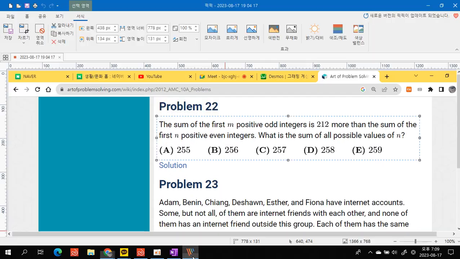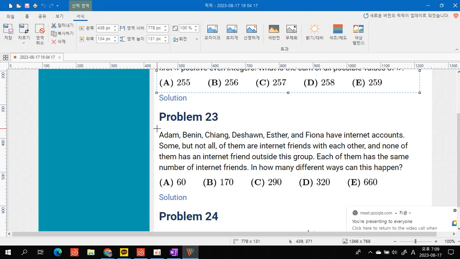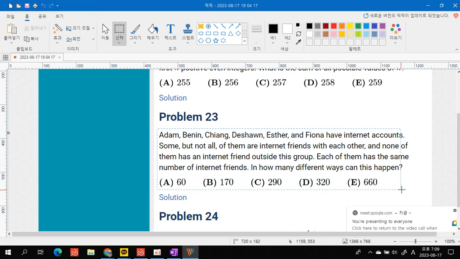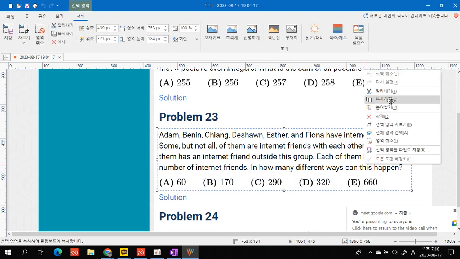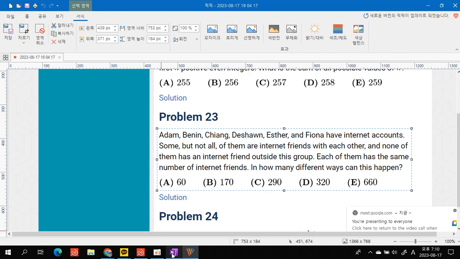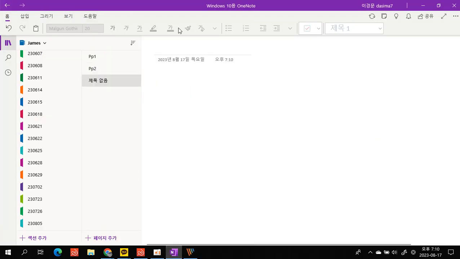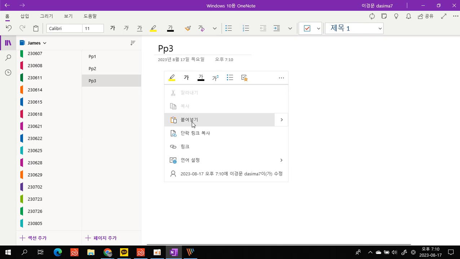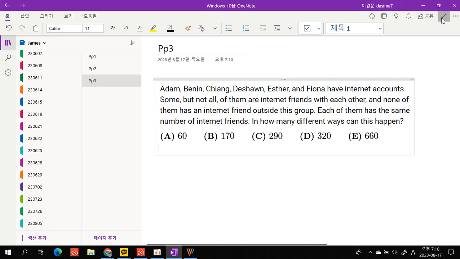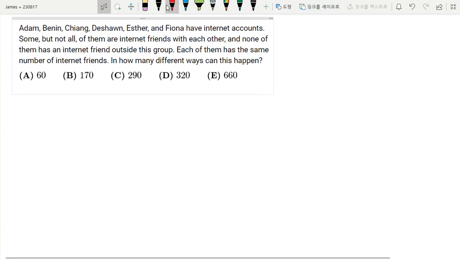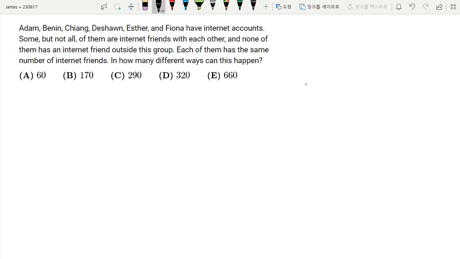And in number 23, there are six people, and some of them are internet friends. And each of them has the same number of friends.